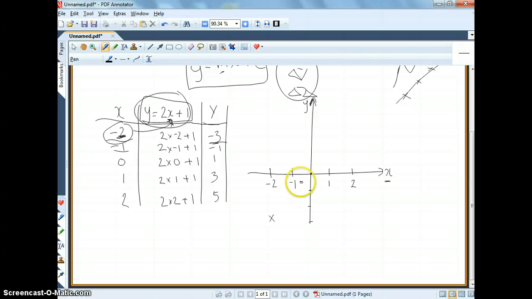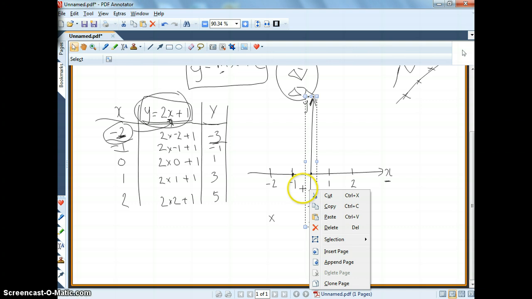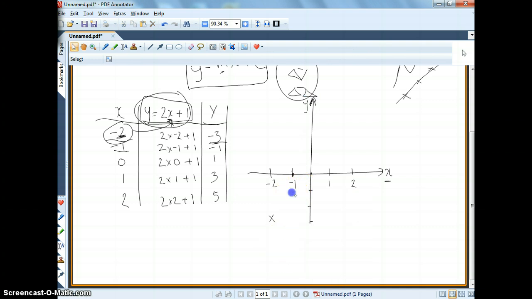X first takes us to there, -1 is here. Put a cross. Next coordinate, 0, 1. X first is here, go up one position, put a cross there.